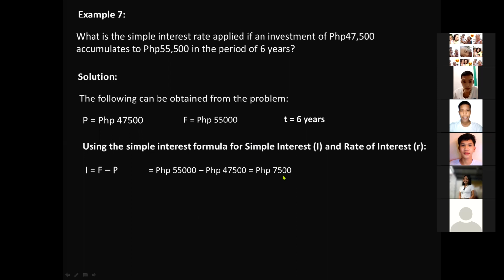So nahanap natin na ang value ng I is 7,500. So sinubtract ko muna ang P sa F para malaman natin yung kabuuang kinita niya sa loob ng 6 na taon. And since I is equals to P R T, may I ka na, may P na, at may time. Ano sagot mo, Jason?